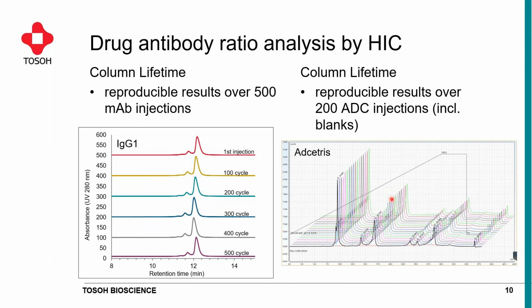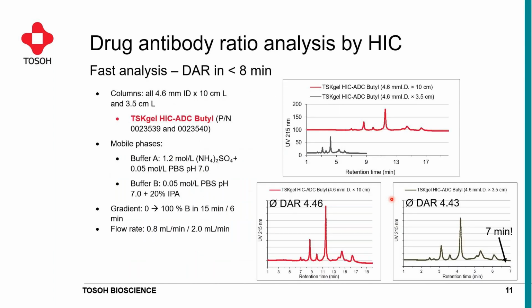Last slide on this new column, and then we come to another modality of chromatography. I would also like to point out that this column can be used at a higher flow rate, and this means we can drastically reduce the time that it takes to analyze the drug-antibody ratio in a sample.